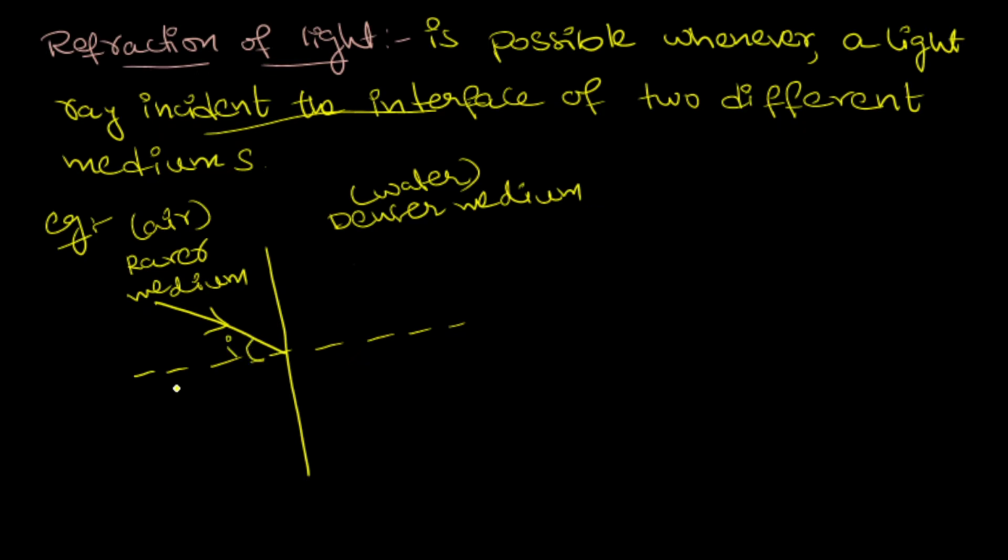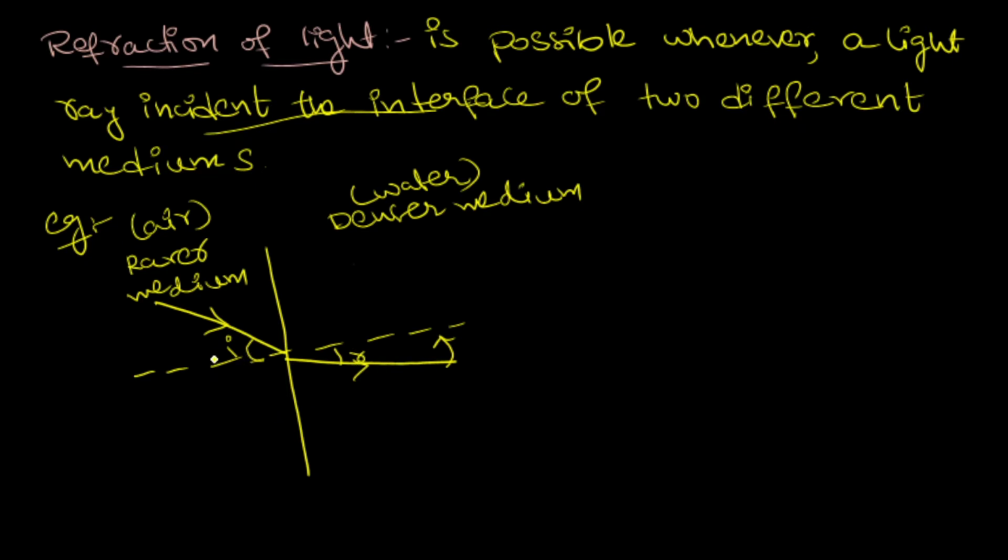Whenever a light ray travels from the rarer medium to the denser medium, it will move towards the normal. After refraction, what happens? The light ray will bend towards the normal, and this refracted ray makes an angle r with this normal. This is the incident angle, this is the refracted angle.